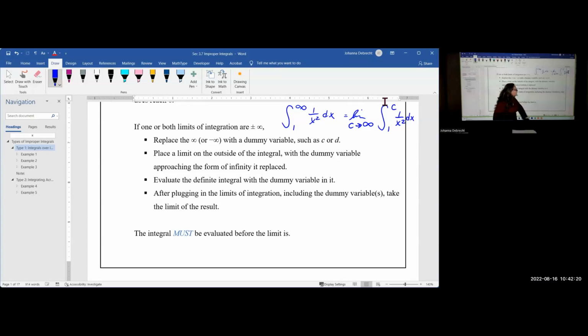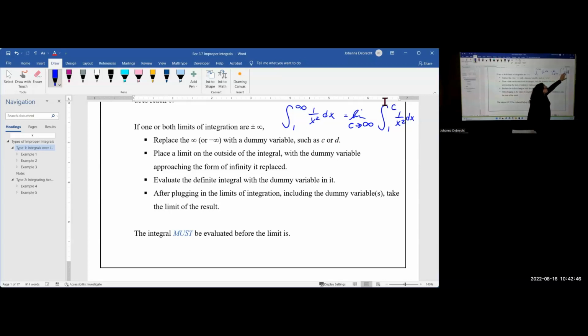Now, this makes it possible for me to evaluate the integral from 1 to c of 1 over x squared dx using any of the techniques of integration I've already learned. Integration by parts, trig integral, trig substitution, partial fraction decomposition, U substitution. How about just the power rule for integration? Anything I want to use to integrate.